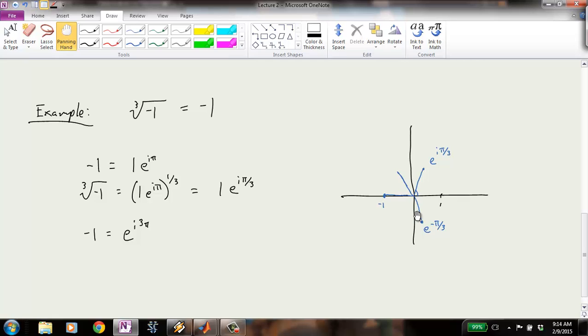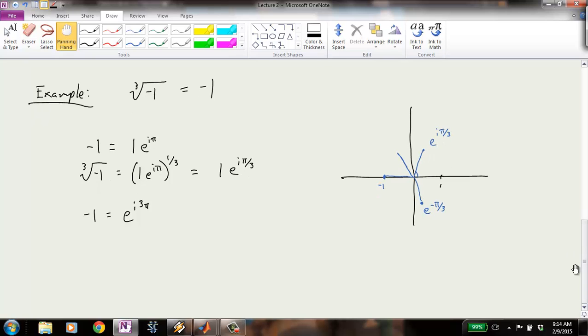So you see there's some ambiguity in polar coordinates. You could always add a 2 pi into the phase. So, just for your notes' sake, we could also say that equals, I'll do it with the positive one, although it's perfectly good to make it negative i pi.